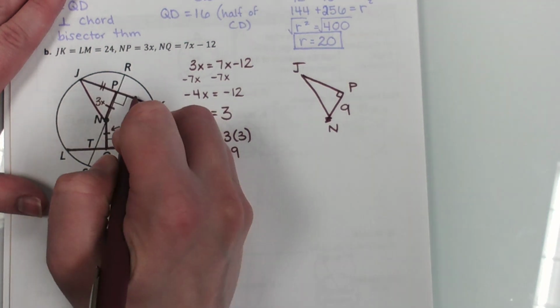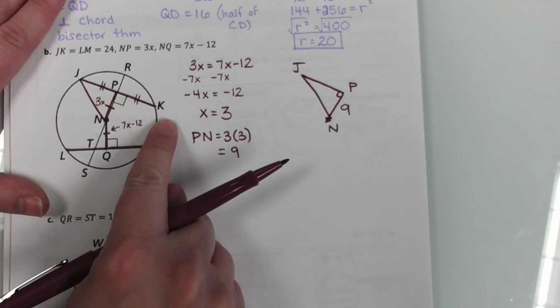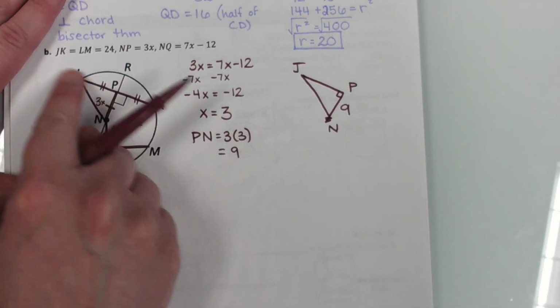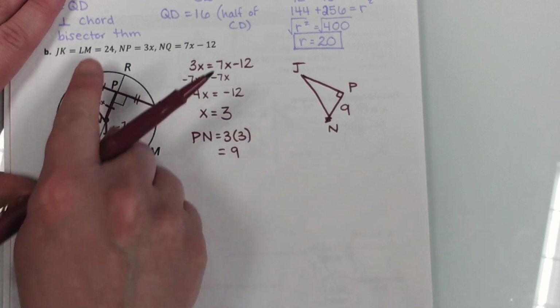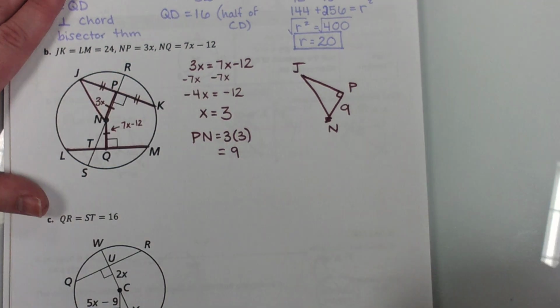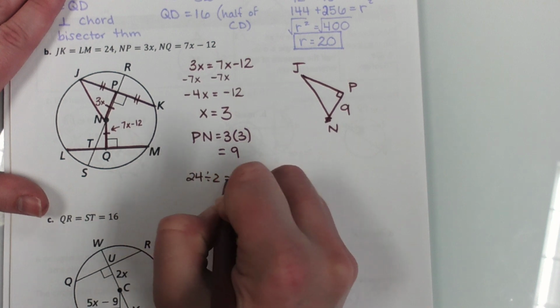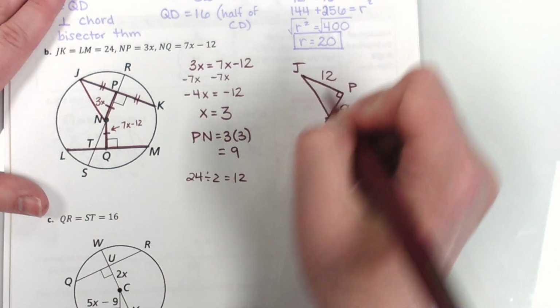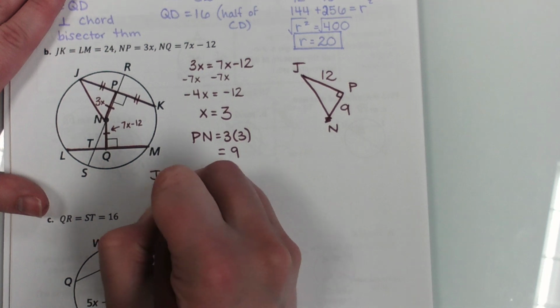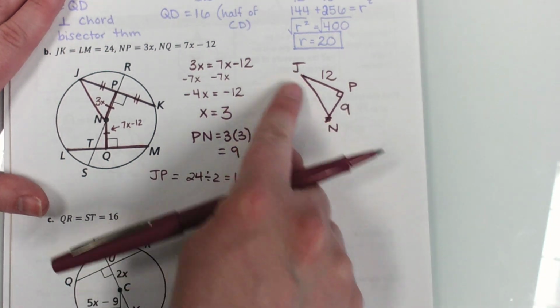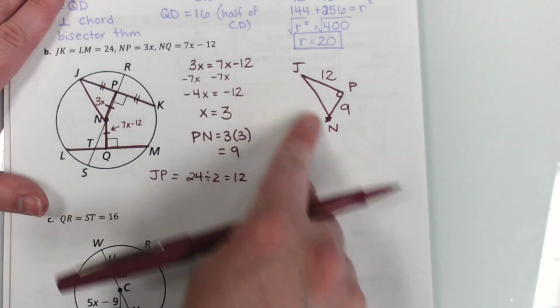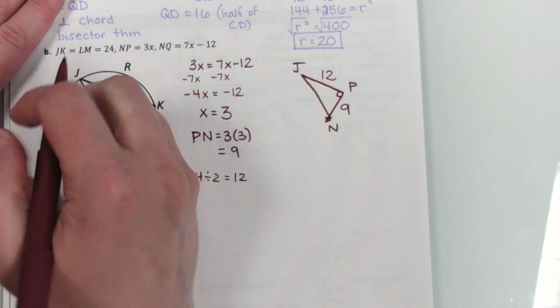JP is half of JK, which is 24, half of 24. 12. Okay. This length, is that what we were trying to solve for? Yeah, because that's a radius.